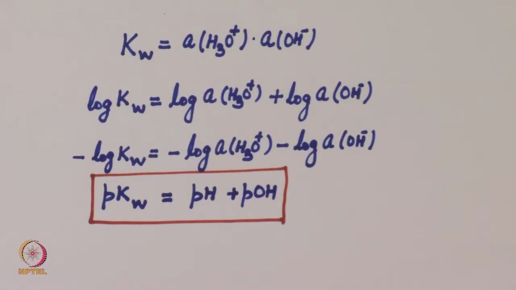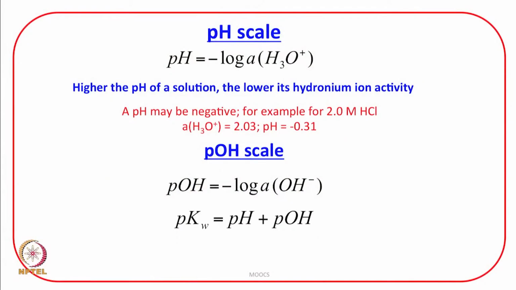Let us go to the slide. Since Kw at a given temperature is constant, that means pKw is constant. If the pH of a solution goes up, the pOH has to go down to keep the sum constant.